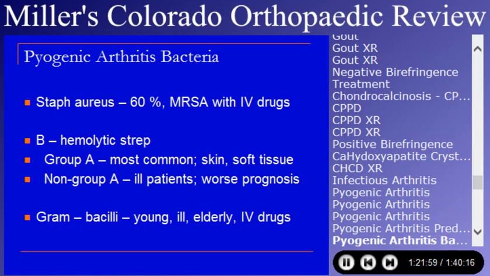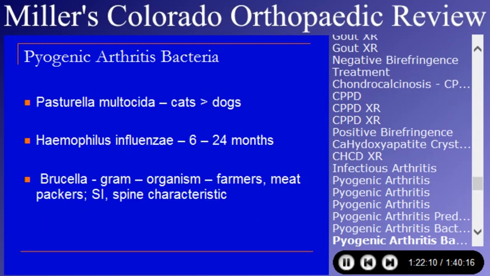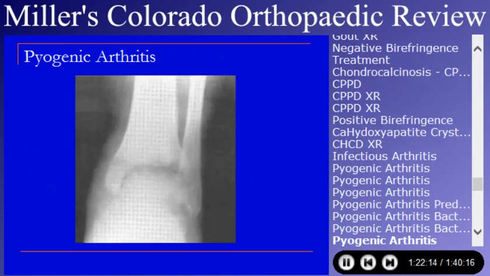And brucellosis, particularly in farmers and meat packers. Sacroiliac joint and spine are common joints for brucellosis, and that got asked on in training in the not too distant past. The X-ray change is a symmetric arthritis with destruction of the bone. You'd like to pick it up before then.